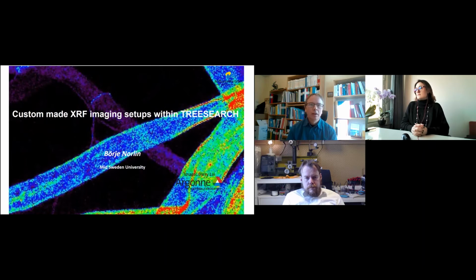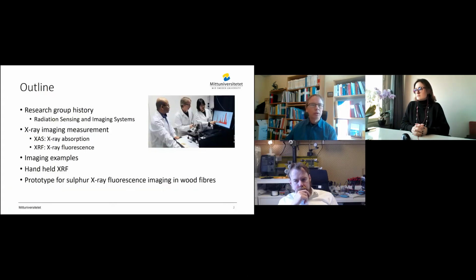It's a collaboration where we look at some wood fibers, and the color scale shows the sulfur component, so we can see how it's distributed within the fiber. But I will continue with the technology and the idea about how we work.